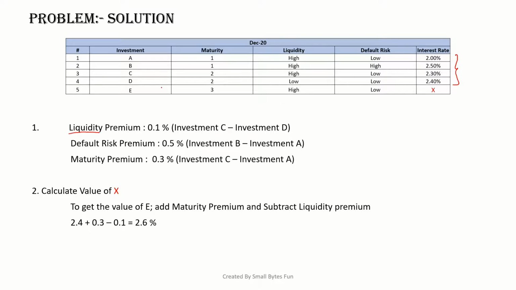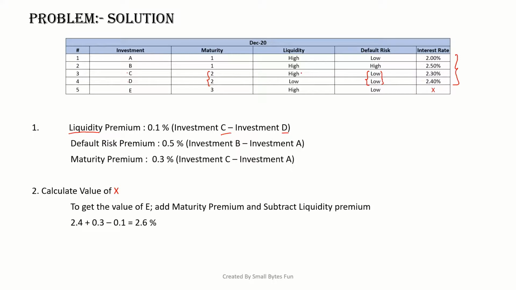Liquidity premium: if you see investment C and investment D, these two investments have the same maturity, that is 2 years, and the same default risk, that is they both have a default risk of low.